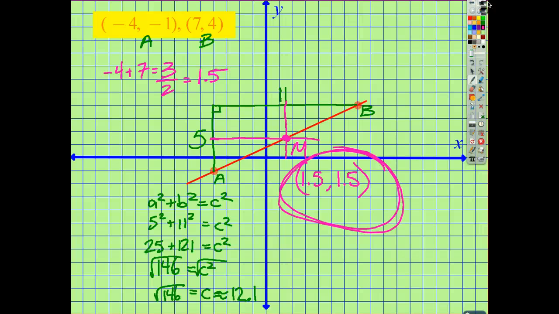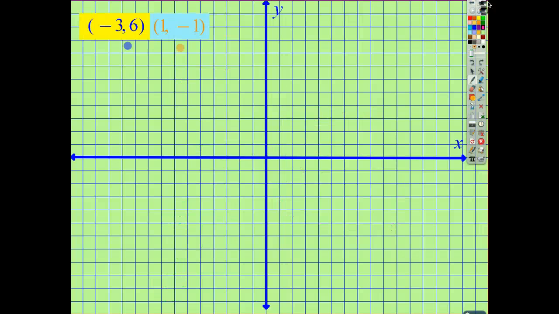Let's take a look at another one. Now, let's say we have these 2 points, and the blue one is -3, 6. We'll call this point A. And this one we'll say is the midpoint of A to B. What I want to do is find where B is, and then find the distance from A to B, and we've already found the midpoint.